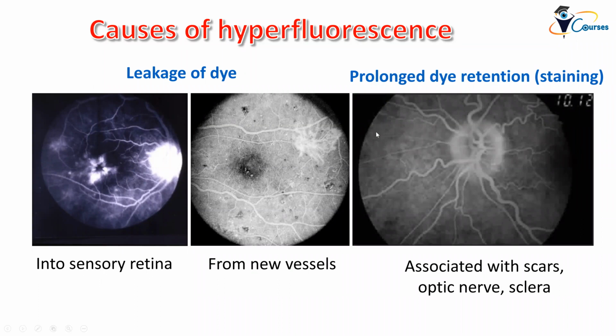For example, what happens in the optic disc, or if there is sclera exposed, like in chorioretinal degeneration, the collagen of the sclera will take the fluorescein. Also, some scars, and also membranes like choroidal neovascular membrane, will take the stain, so it will show late staining in the late frames.